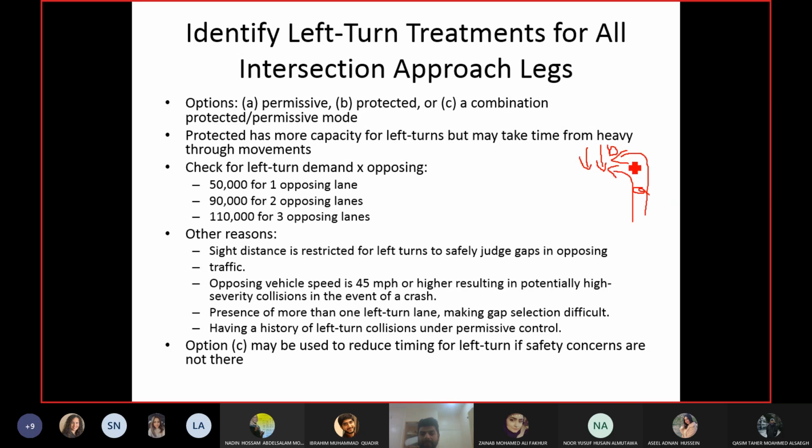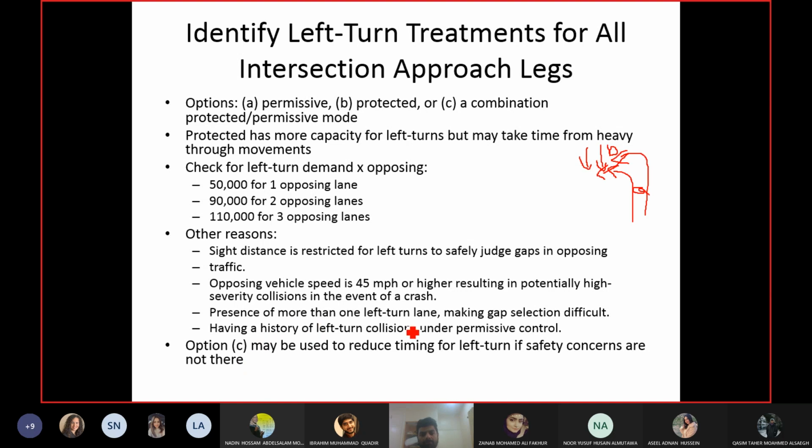Maybe this guy comes here and finds somebody coming from the other side, and then he tries to avoid and gets into the way of the other driver. So he can go like this as well. You can see how difficult and how dangerous it can be. So whenever you have more than one left turning lane, you should go for protected left turning, because it will be difficult for the drivers to judge the gap on the basis of their own judgment, because the radius is different in both lanes, the area is wider, and so on and so forth.